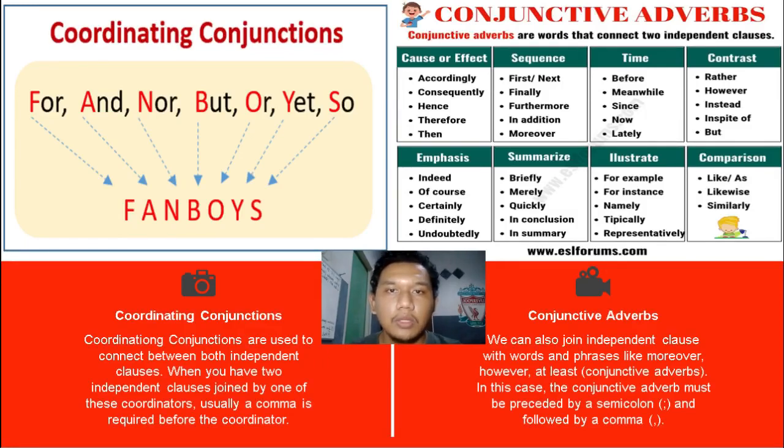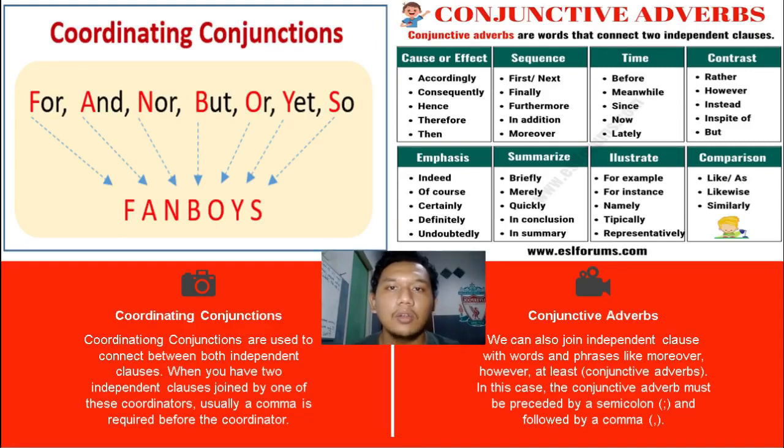From the picture above, we can see these are the coordinating conjunctions to use in compound sentences. There are F for, A for and, N for nor, B for but, O for or, Y for yet, and S for so. But we can put them in an acronym to make it easier, called FANBOYS.